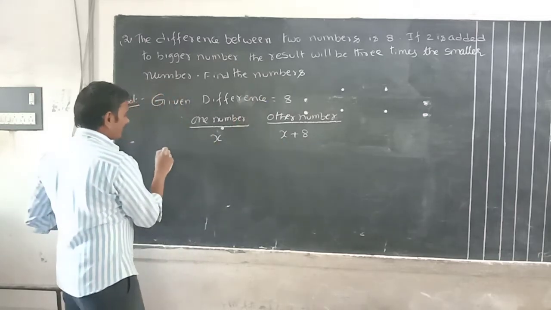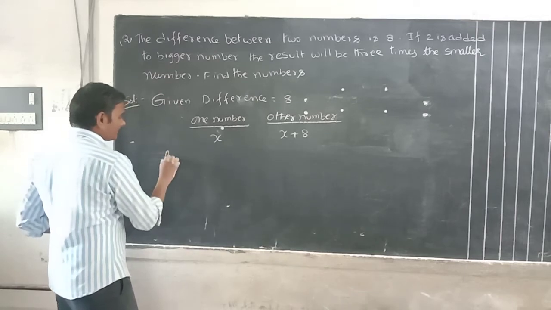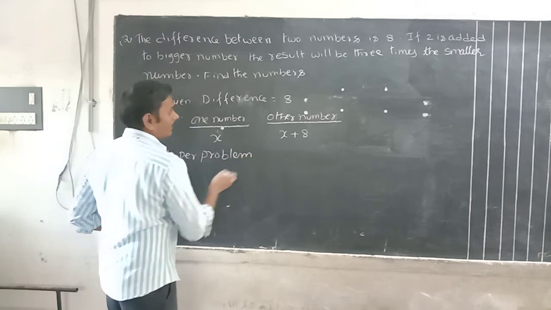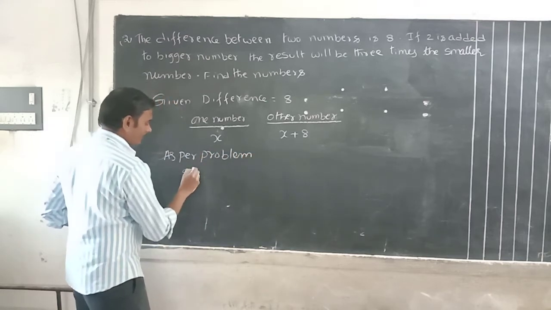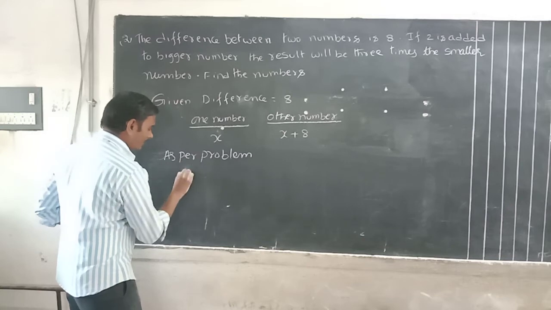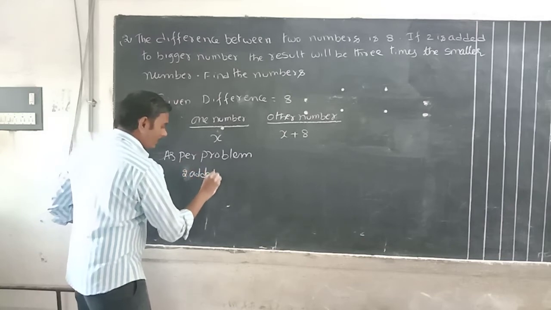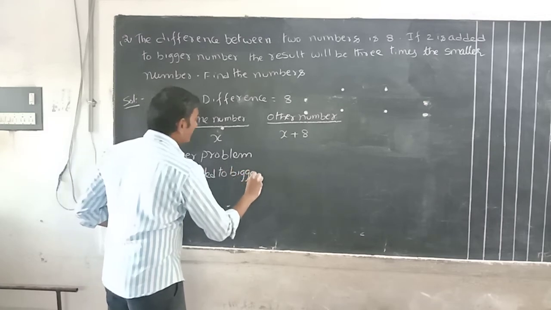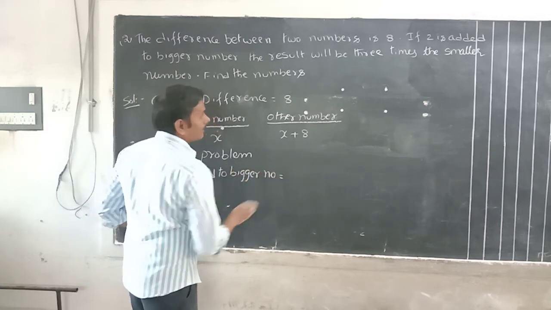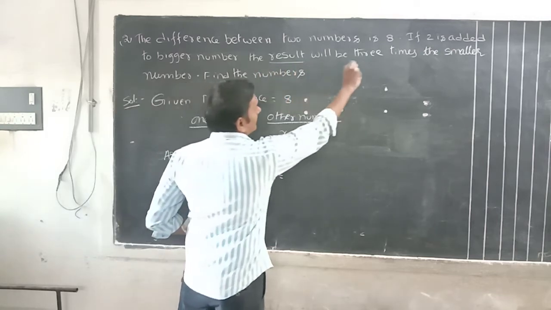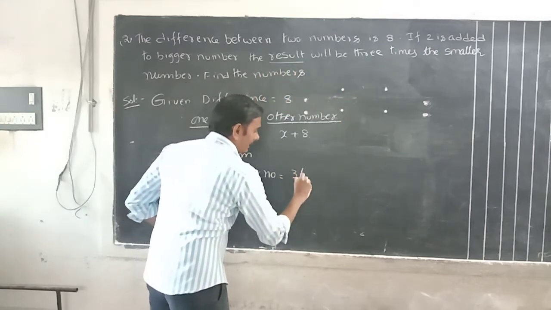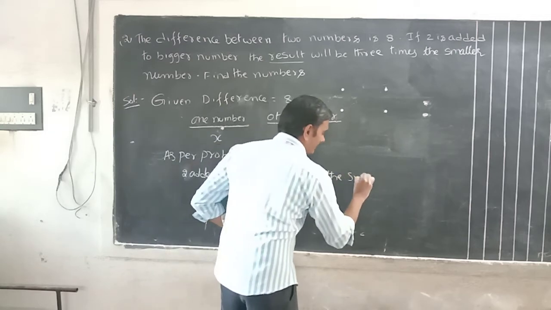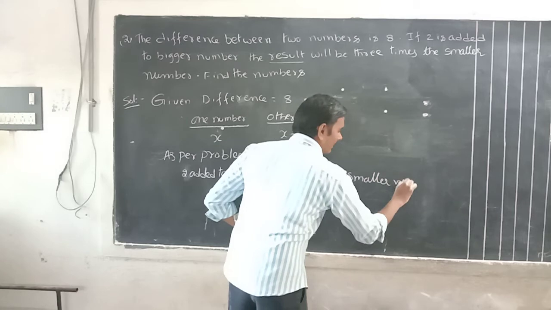What is given as per the problem? 2 added to the bigger number, the result becomes 3 times the smaller number.